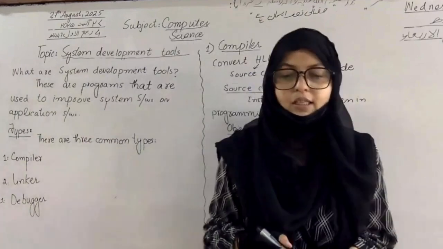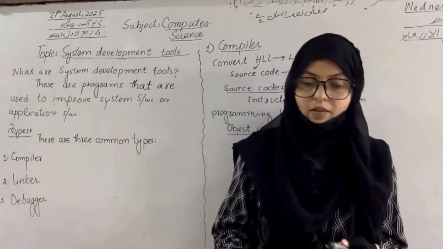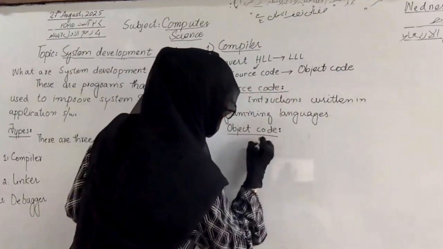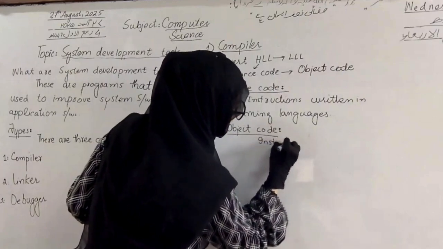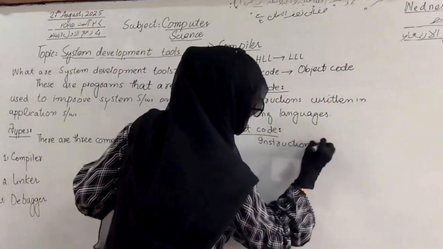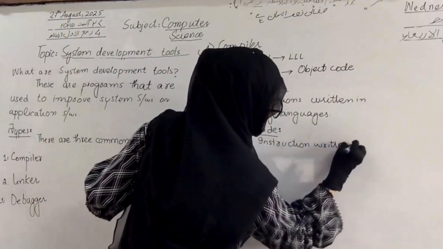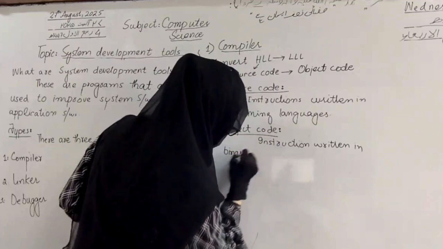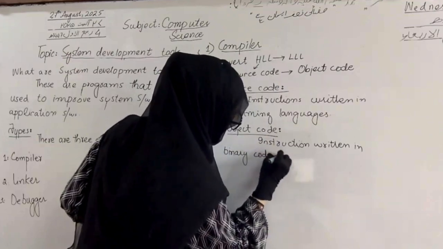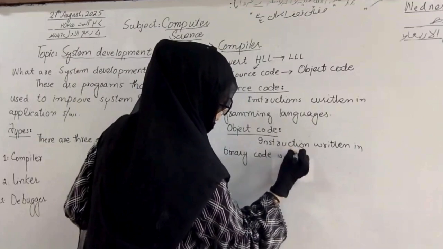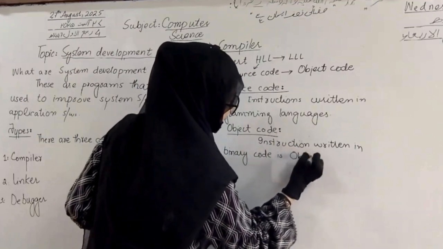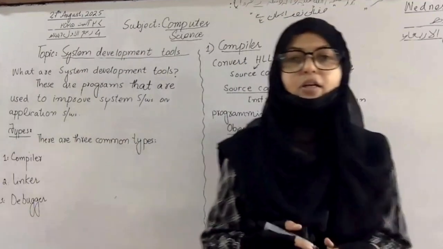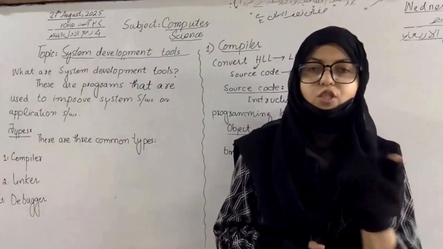Object code means instructions written in low level language or binary code are known as object code. So the instructions written in binary code are known as object code.